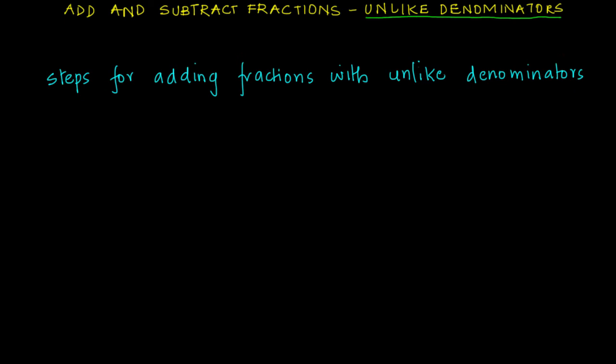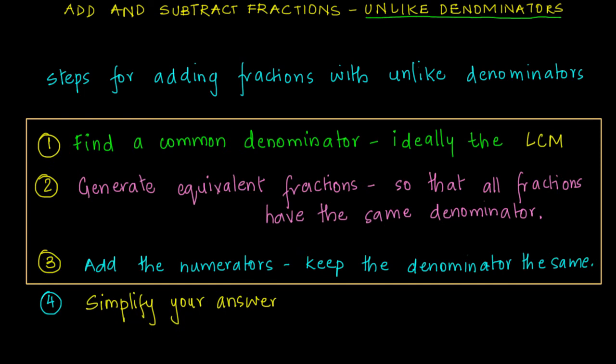Let's review the steps for adding fractions with unlike denominators. So here are the steps. The first step is to find a common denominator, and ideally the least common multiple or the LCM of the denominators is the best common denominator.